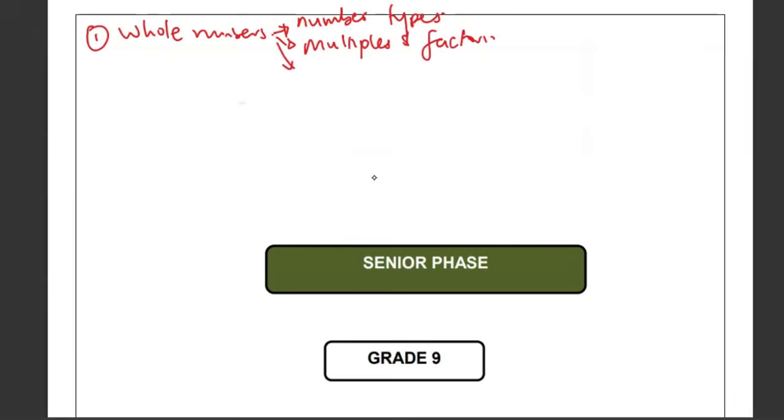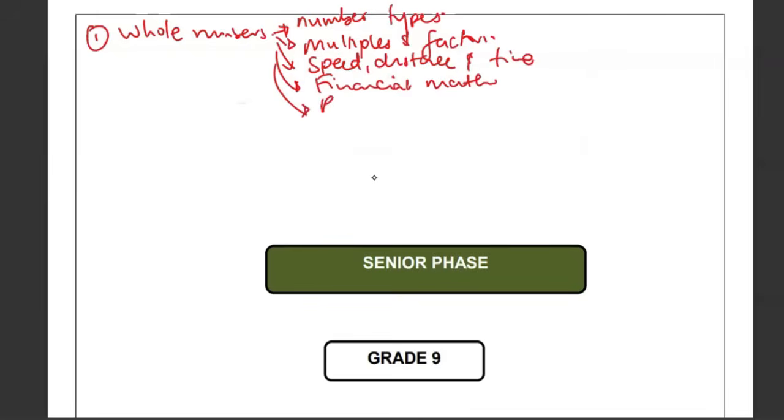And then number 3, things to do with speed, distance, and time. And then we could also have something to do with financial maths, even ratios and proportions. So those are all under the whole numbers.